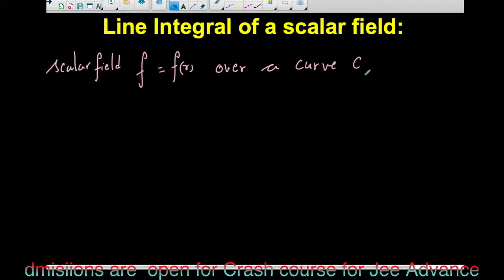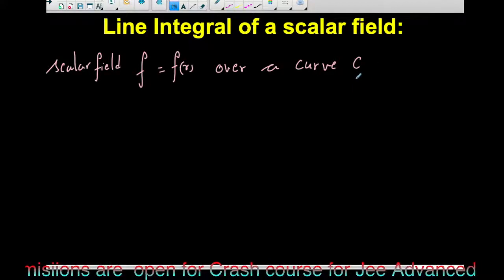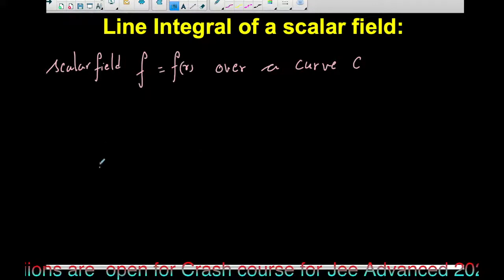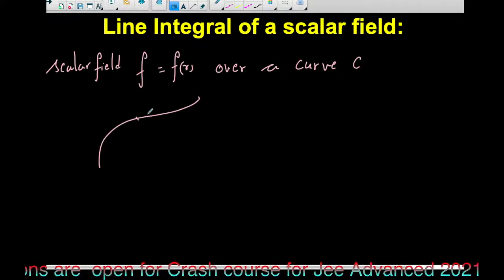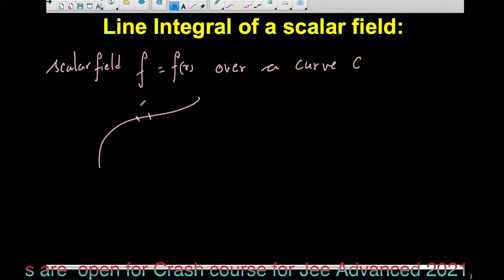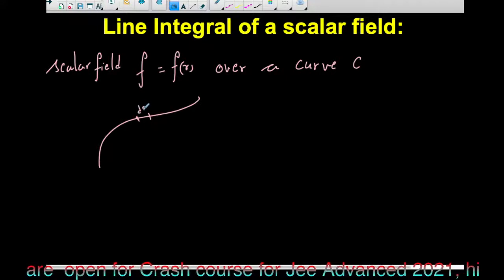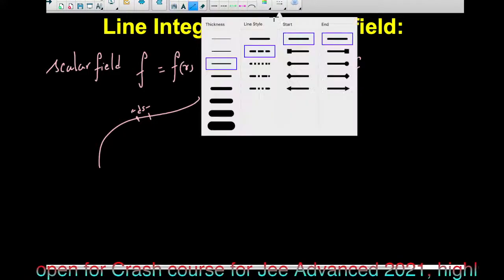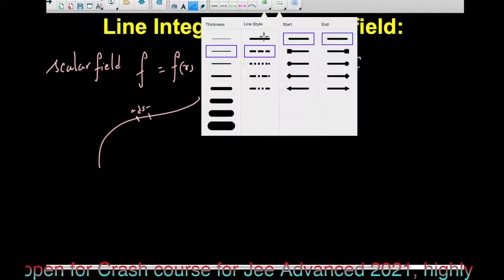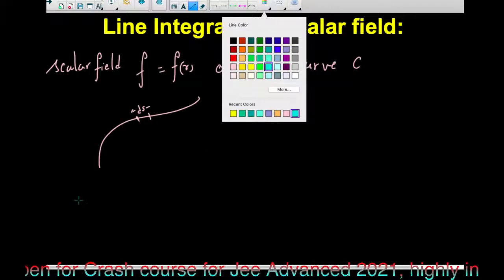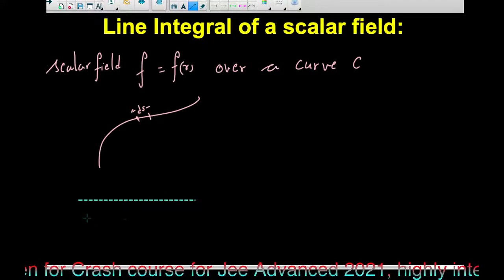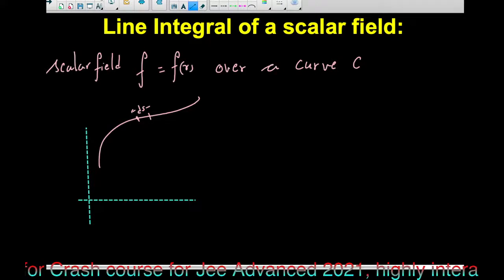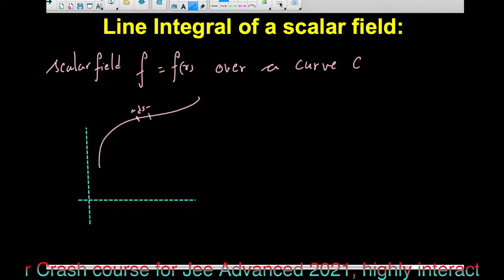If you divide this curve into small segments, like this, this small segment has length ds. Let this be the x-axis, and this the y-axis.